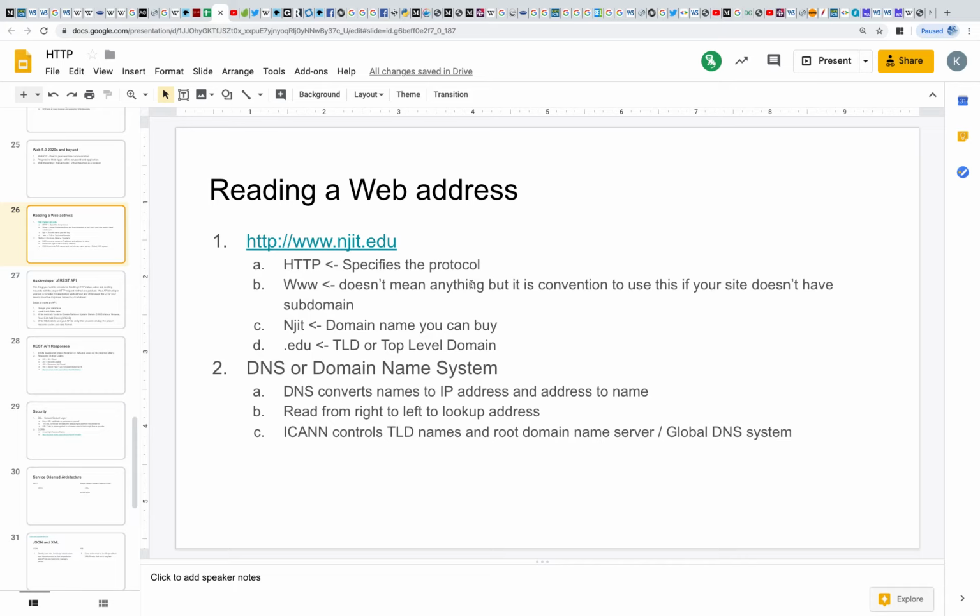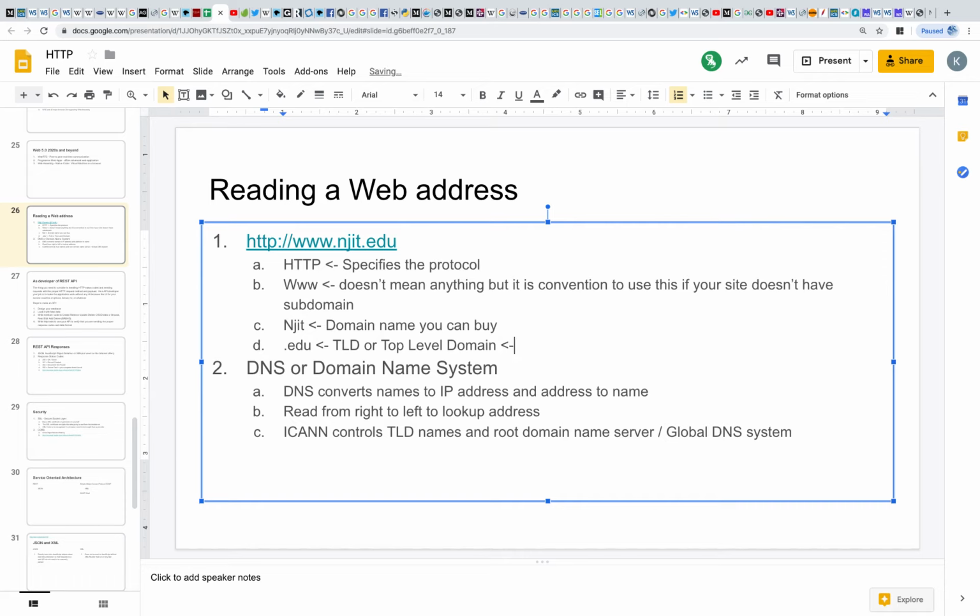NGIT is known as the domain name that you can buy. And .edu is known as a TLD, or top level domain. The TLDs are controlled by ICANN. ICANN does domains and IPs and internet routing.